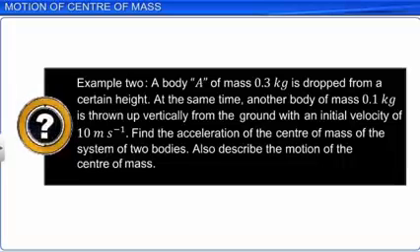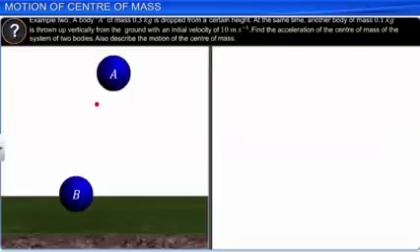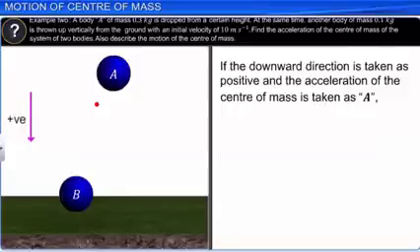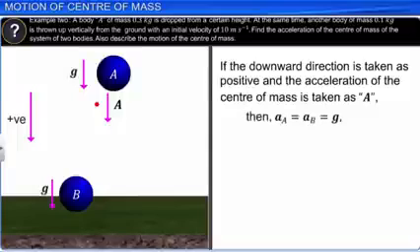Now, let us find the acceleration of the center of mass of the system of two bodies discussed in the earlier example. We will also describe the motion of the center of mass. Solution. If the downward direction is taken as positive and the acceleration of the center of mass is taken as a, then acceleration of A is equal to acceleration of B, which is equal to g. That means aA is equal to aB, which is equal to g.